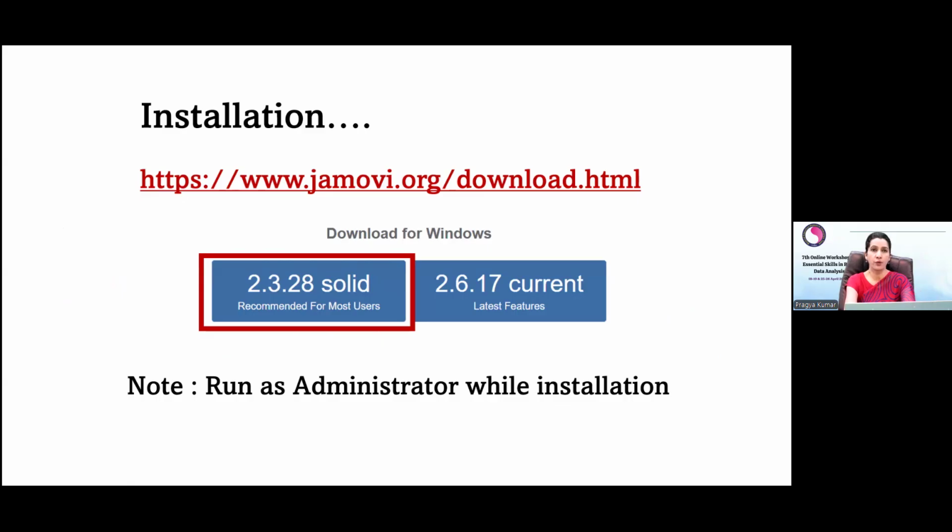One is for the solid version. Here I think we have written 2.8, but now the version has changed. Please download this solid version. Don't download the current version because there are many modules not yet finalized in the current one, so you might face some issues if you download that.